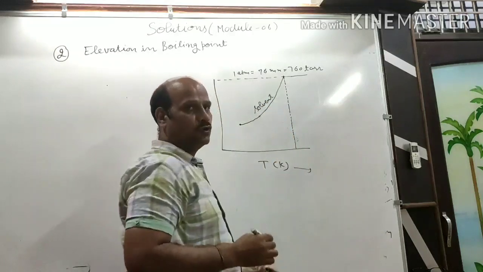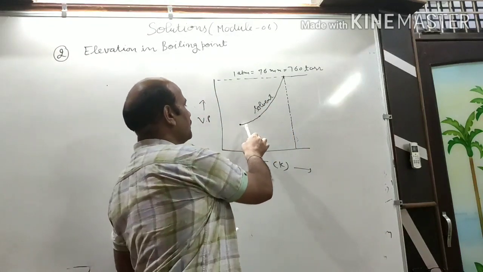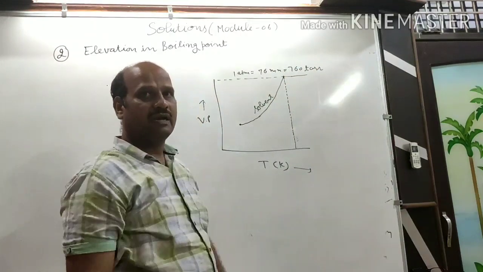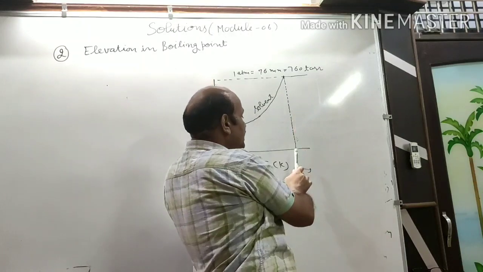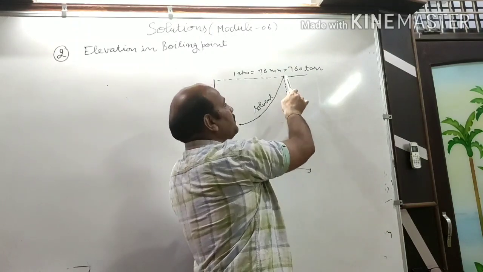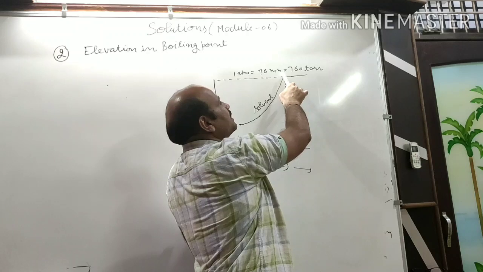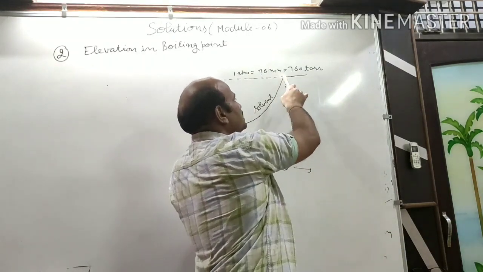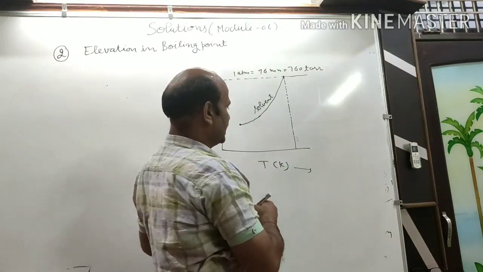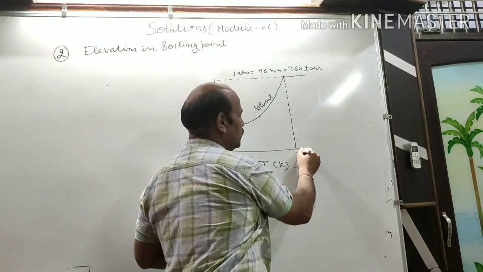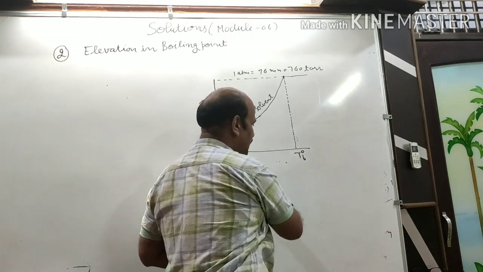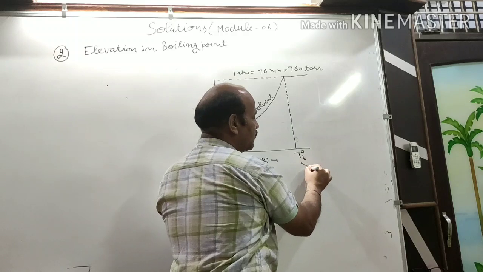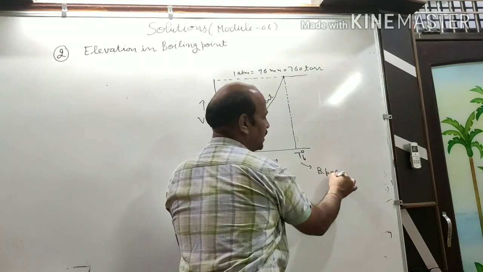From this curve you can see, with increasing temperature, vapor pressure of solvent goes on increasing. At a particular temperature, this vapor pressure becomes equal to the atmospheric pressure. It means here boiling starts, and this is represented as T naught B, that is, the boiling point of solvent.